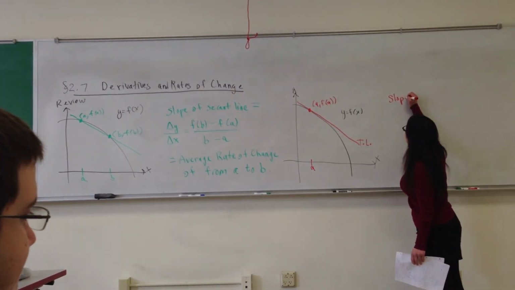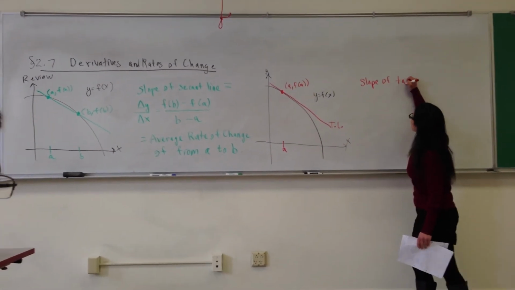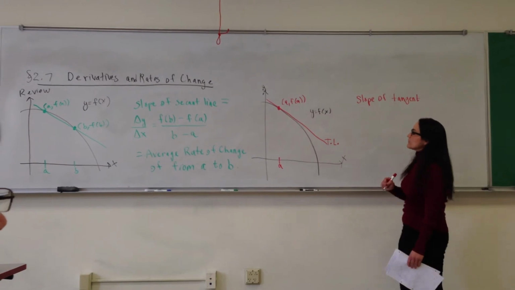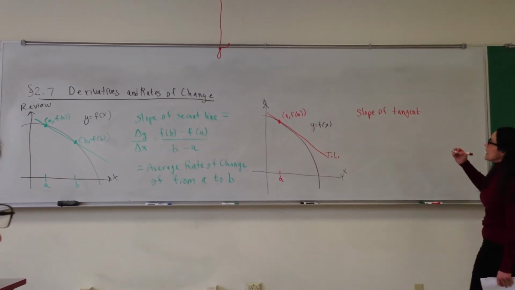So the slope of the tangent line is what we call the slope of the graph, or the slope of the curve y equals f of x at the point A, f of a.